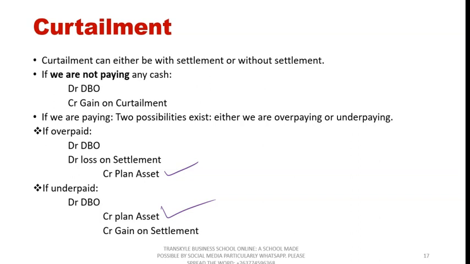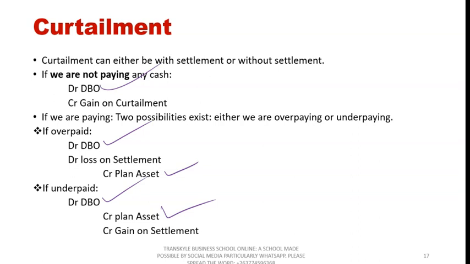Now, if we underpay, then we have to debit the defined benefit obligation. So you can also appreciate that in all these cases, the defined benefit obligation is being debited. By curtailing, we are reducing the obligation, so automatically we are debiting the obligation. But whenever we are paying, the plan asset is going to be reduced because we'll be paying from the monies of the plan.